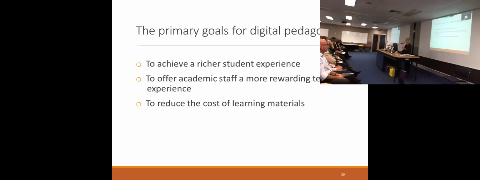So how do we engage them, and how do we have innovative pedagogies, innovative teaching, recognised and rewarded within the university environment as well? And very much to reduce the cost. But what we're probably finding is shifting the cost across to different parties rather than necessarily reducing it.